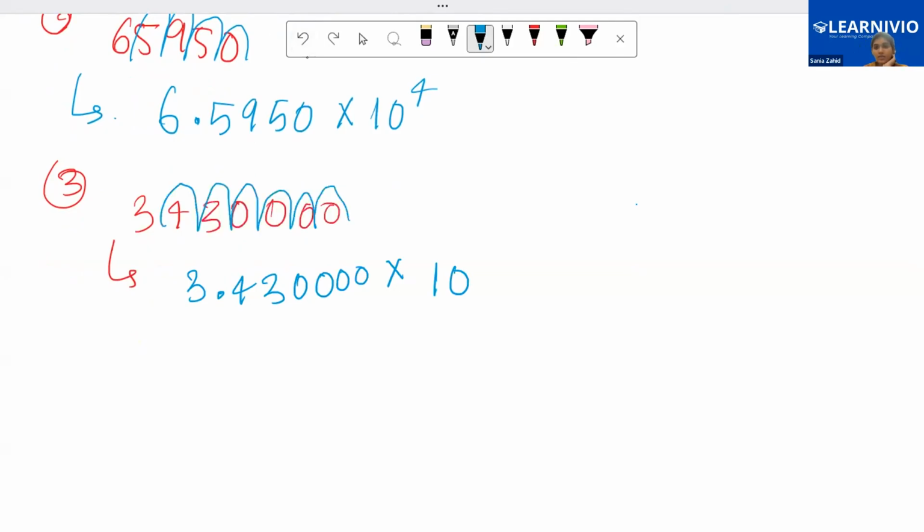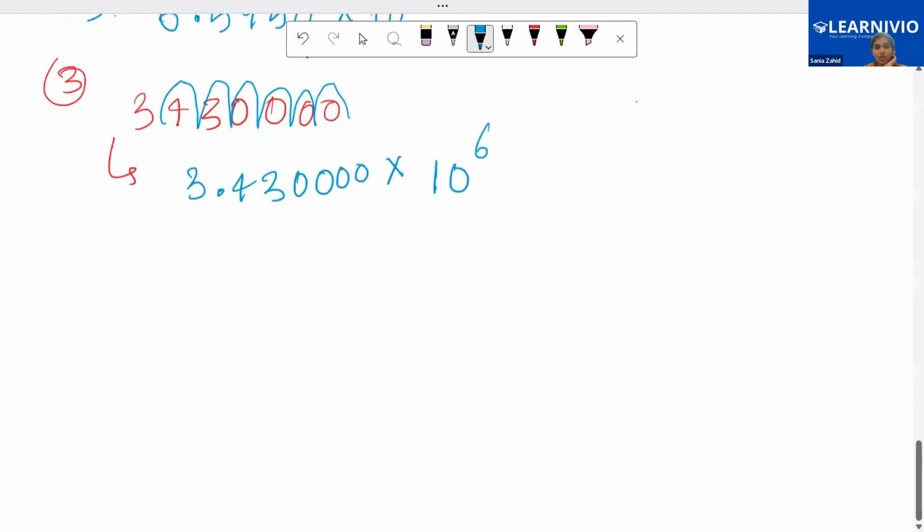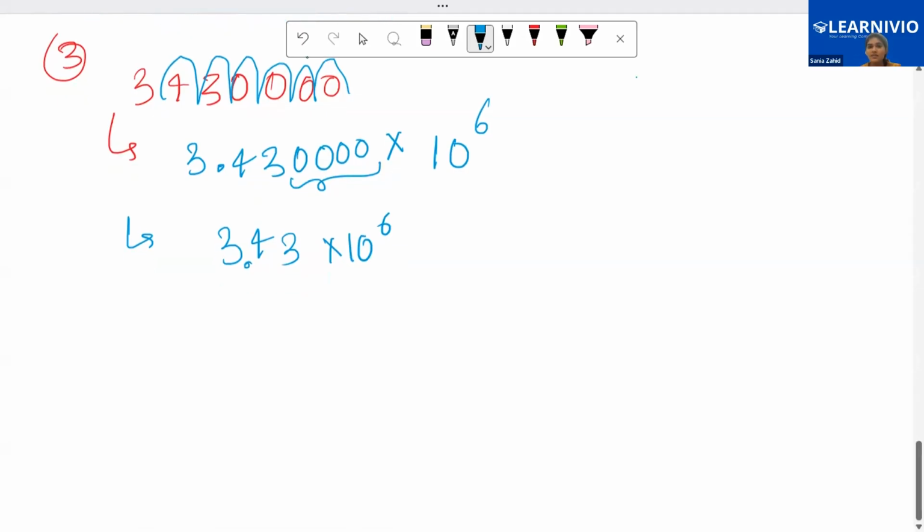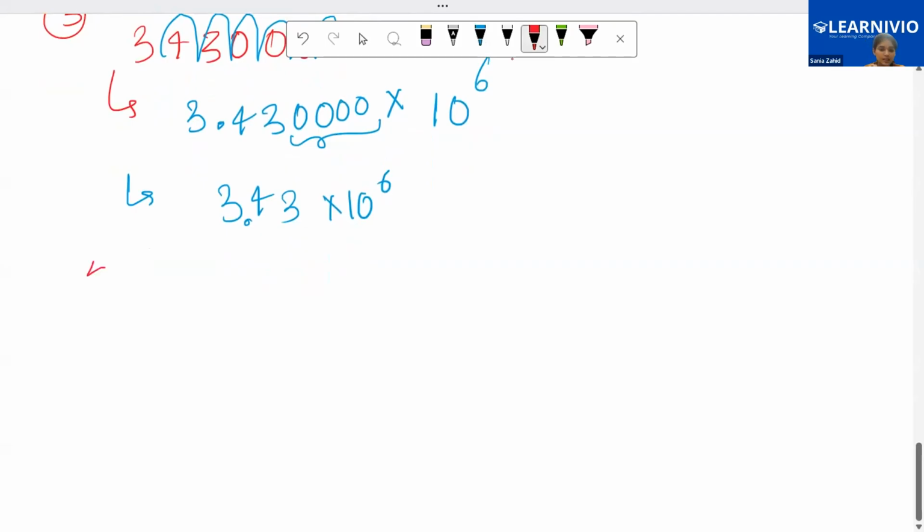When there are a lot of zeros on the trailing end, you just don't write those zeros. You just write 3.43 into 10 to the power 6. You can remove them. So your answer is 3.43 into 10 to the power 6. Clear?